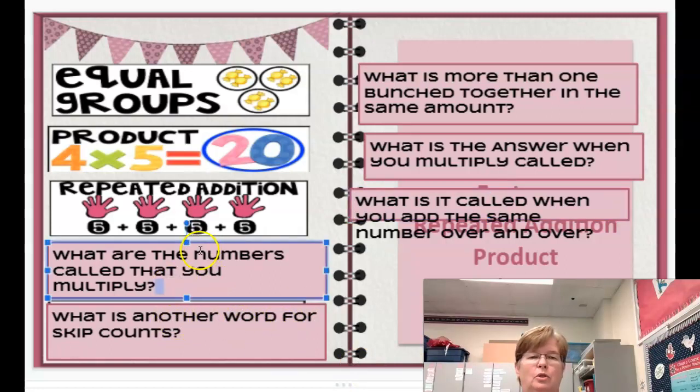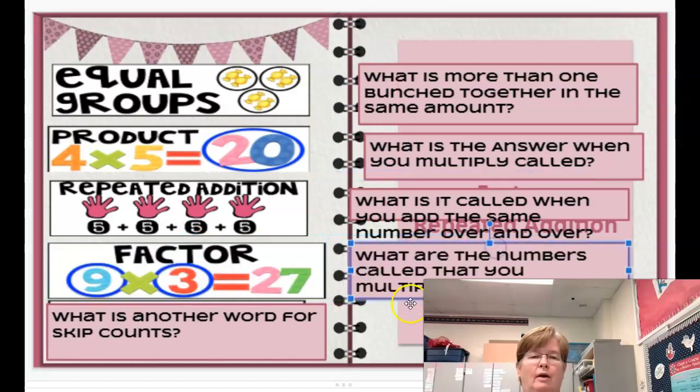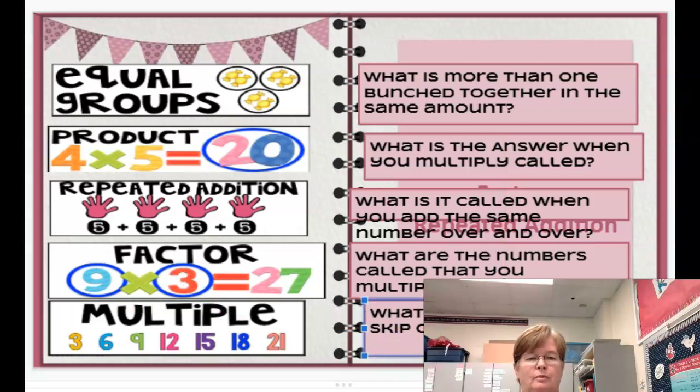Okay, what are the numbers called that you multiply together? Those are called factors. 9 and 3 are factors. 27 is the product. What's another word for skip counts or skip counting? Multiples. Those are multiples.